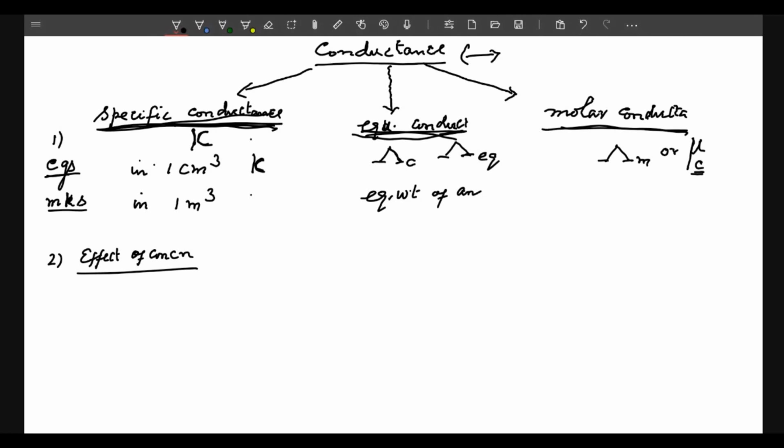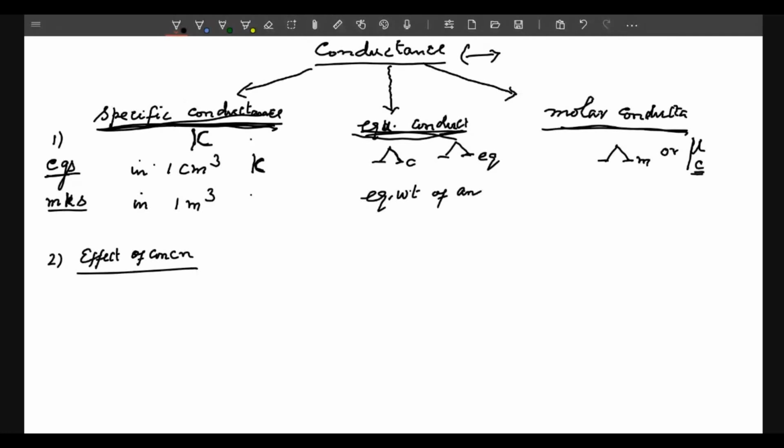What do you mean by inter-ionic interaction? The electrolyte is said to be made up of two ions, cations and anions. Cations are moving towards the cathode. Anions are moving towards the anode. While it is passing, a cation will meet another cation or it will meet an anion.